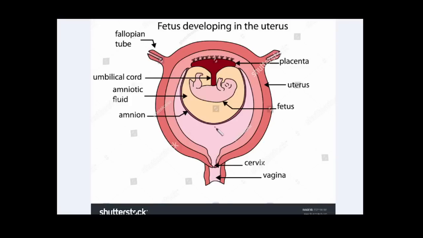So the uterus plays a key role in reproductive health, and it functions in three major ways. In pregnancy, the uterus stretches to grow to allow the baby for accommodation. It accommodates the baby and can also contract to help push the baby out during childbirth. Number two, fertility. The uterus is where the fertilized egg implants during conception.